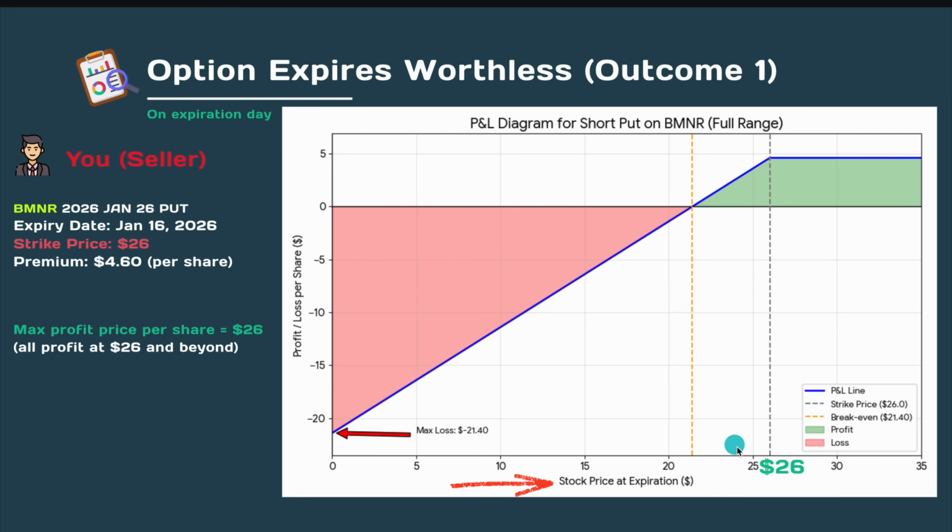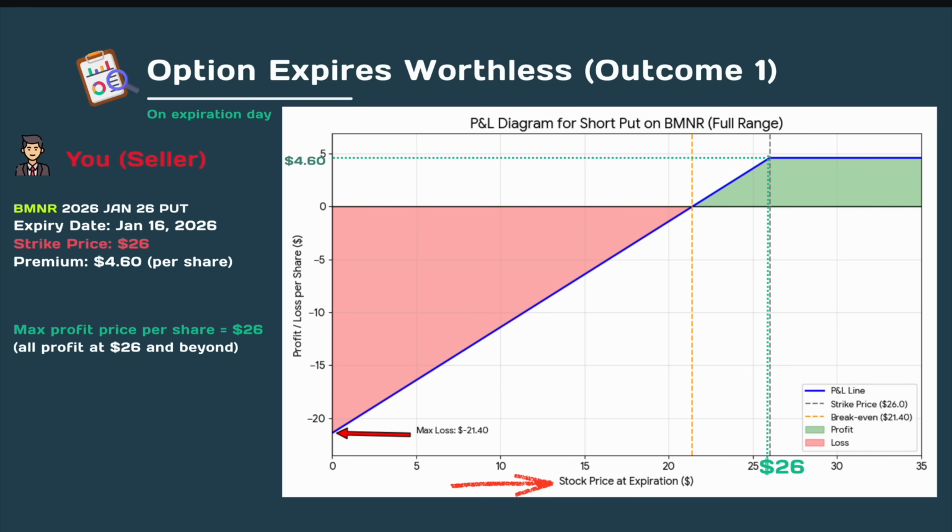On the x-axis, if the stock finished at $26 or above, you make the maximum profit. To find that maximum profit per share, you go up to the y-axis and read it off the graph. I know you can't know exactly what this scale is, but if we zoom in, we can tell that it's $4.60.